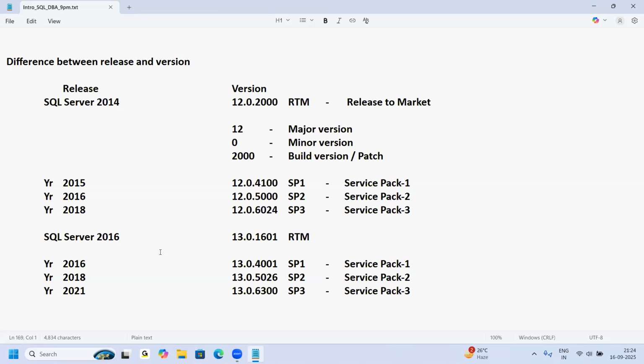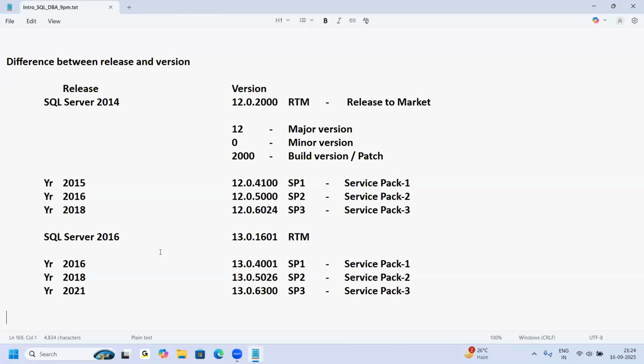We'll study this now or after this topic? One second. Yeah, here only we'll study.